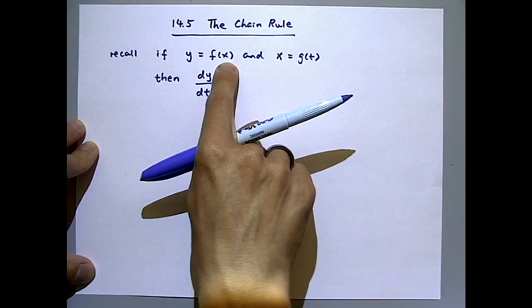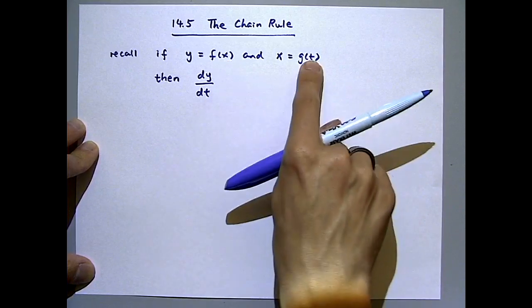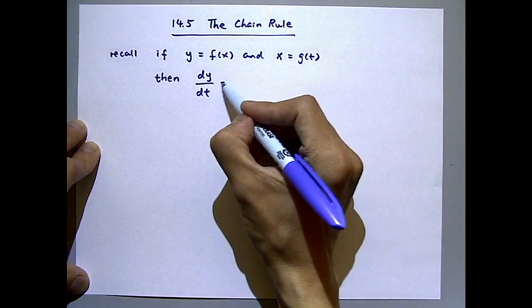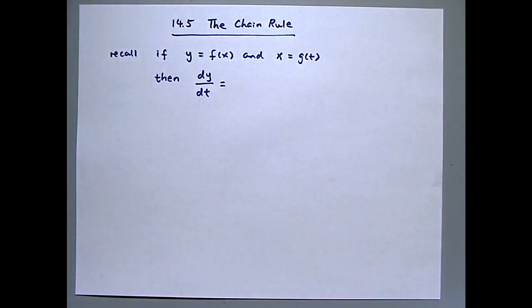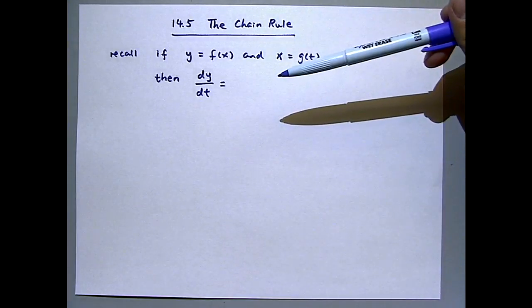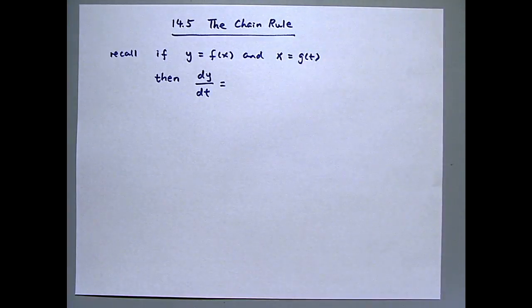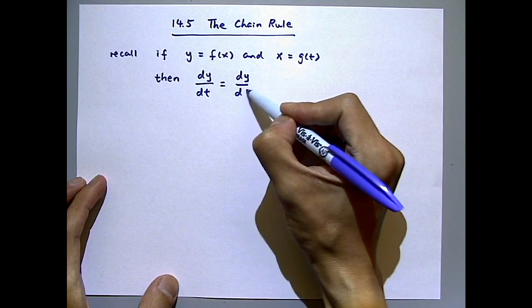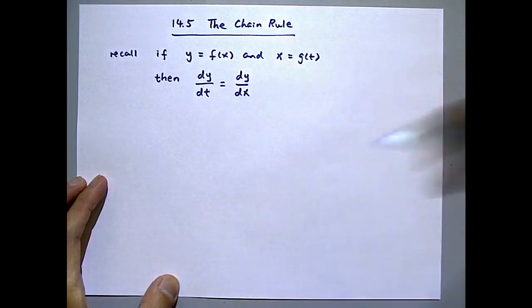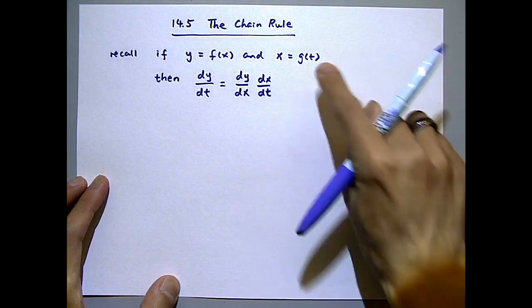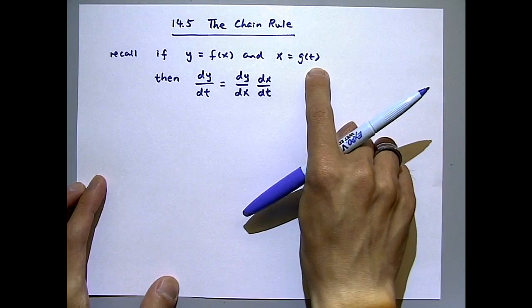It has an intermediate variable of x and then a final independent variable of t. So how does this go? Remember what the formula for that is? The chain rule? Right. So the rate of change of y with respect to its own variable, dy dx, times how that intermediate variable is changing with respect to the true independent variable.